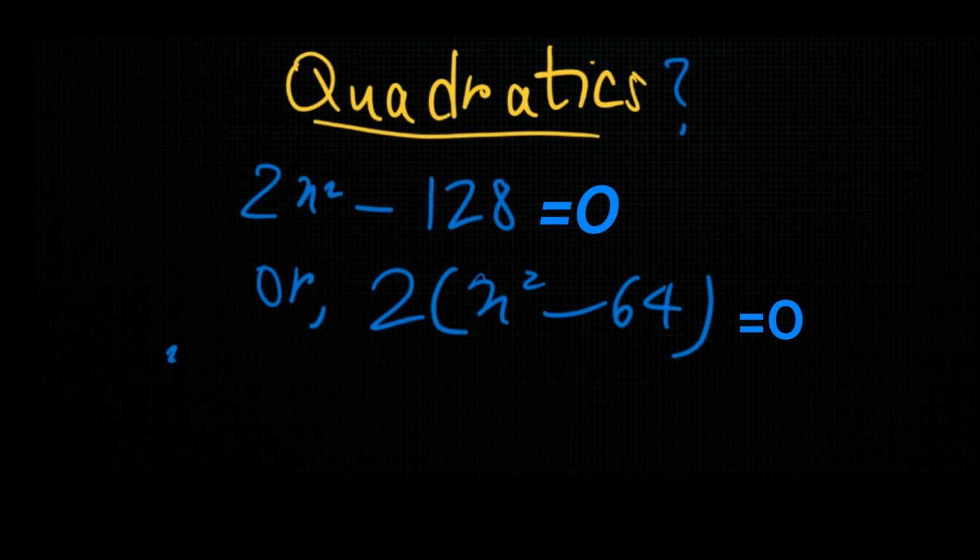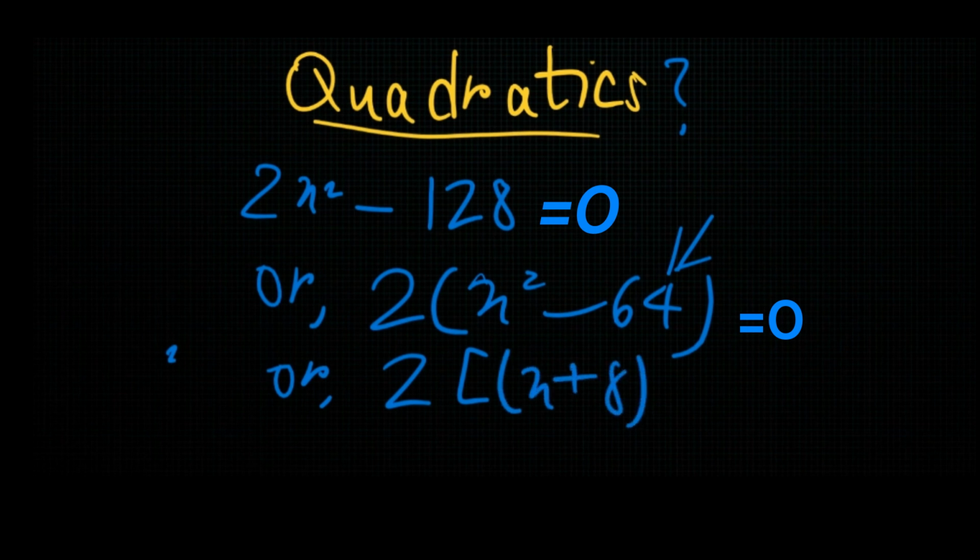Now notice 64 is a perfect square of 8, so we can write 2 times x plus 8, x minus 8.